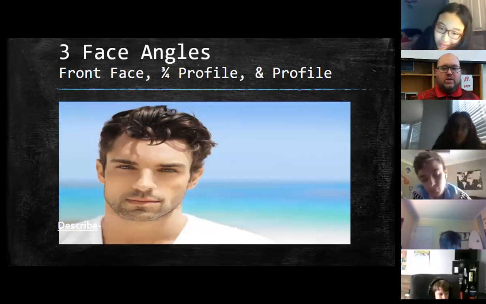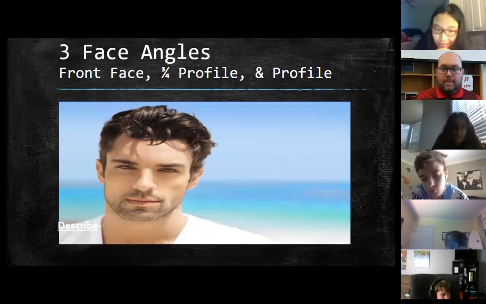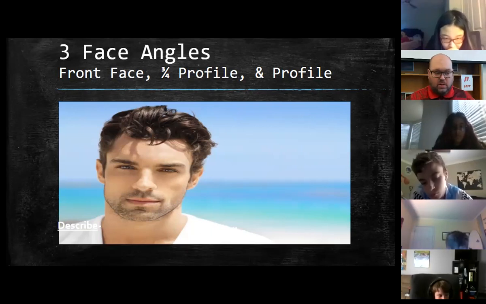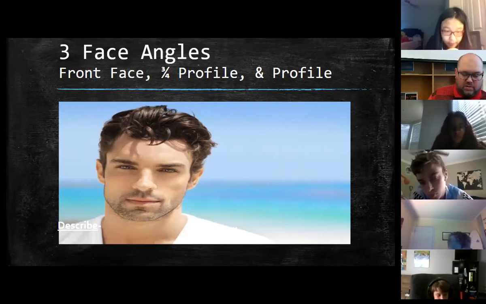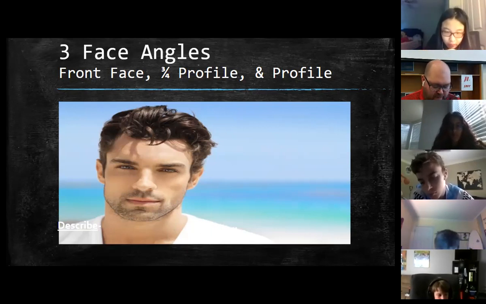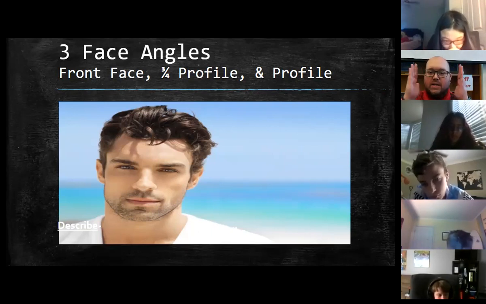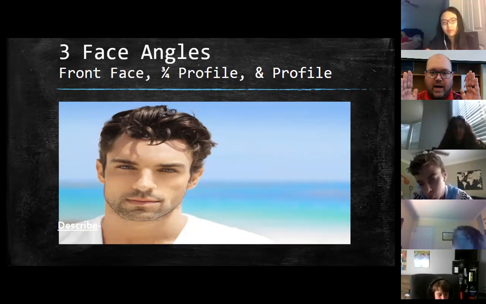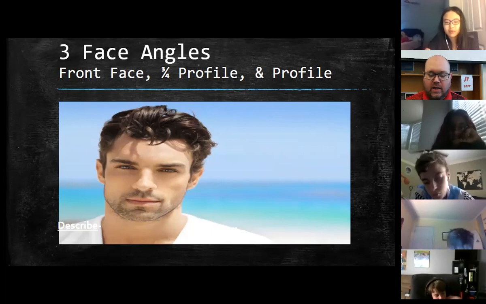A front face angle is going to show both ears, comma, both eyes, comma, both nostrils, and the full jawline of the main character. That means basically if it's front face, it is literally straight on. Just like I'm looking at you guys, straight on in your camera shot.